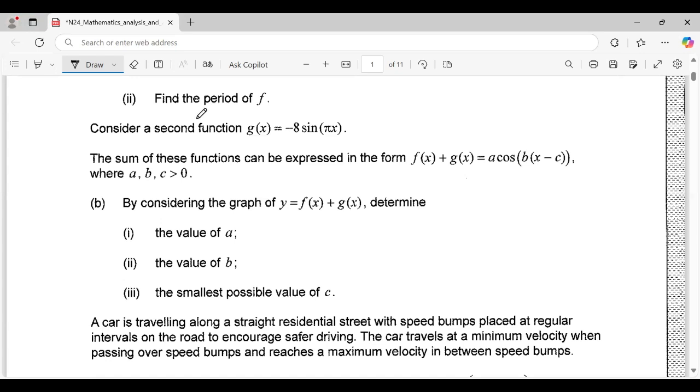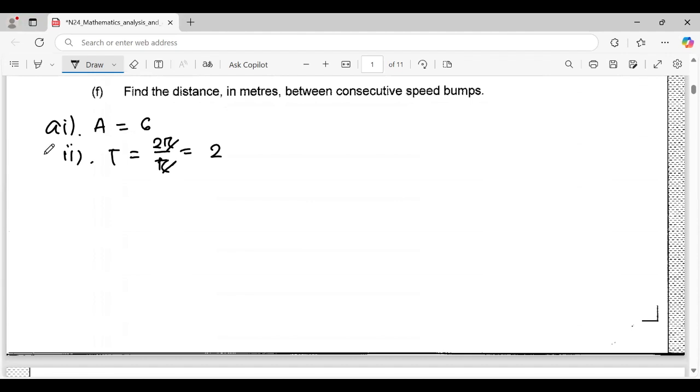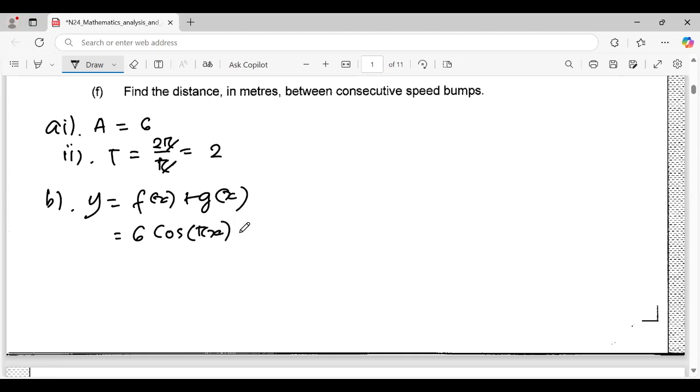By considering the graph of y equals f(x) plus g(x), determine the value of a. f(x) is 6 cosine pi x, while g(x) is minus 8 sine pi x.